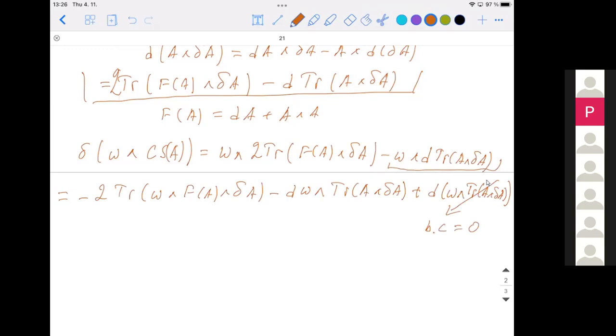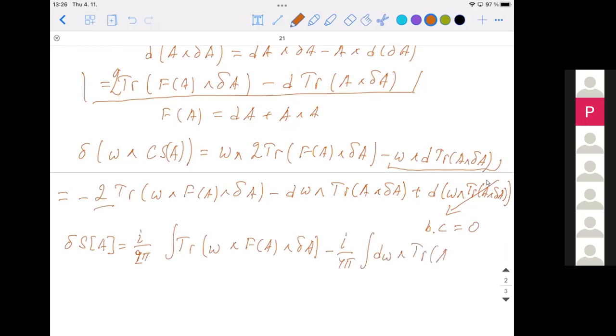Now the variation of the action would be just this trace omega. Also, we have this 2 here, so 2p, and then F_A delta A minus i over 4 pi, and then omega trace A delta A.